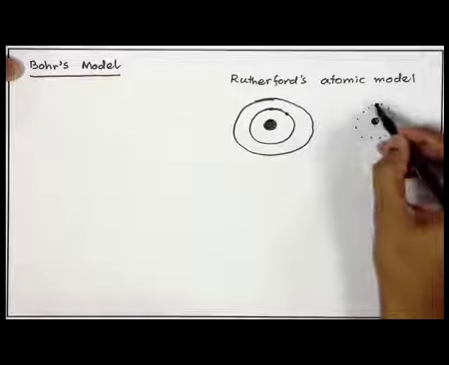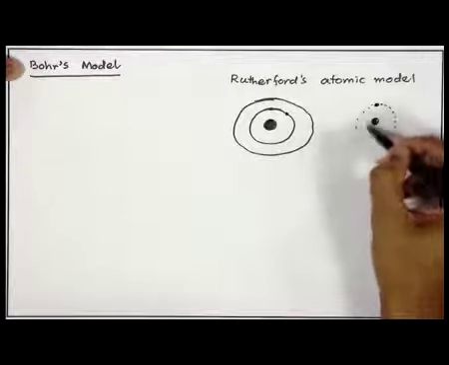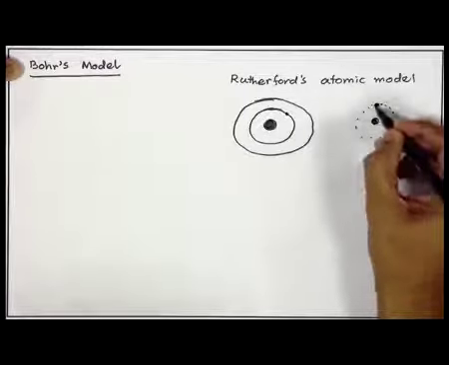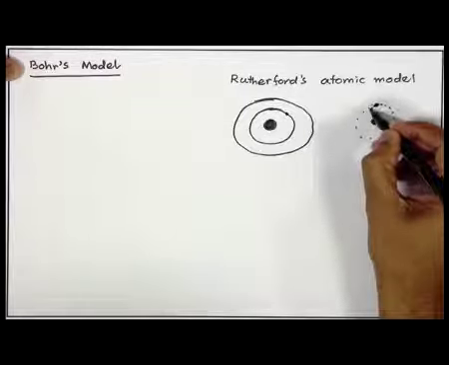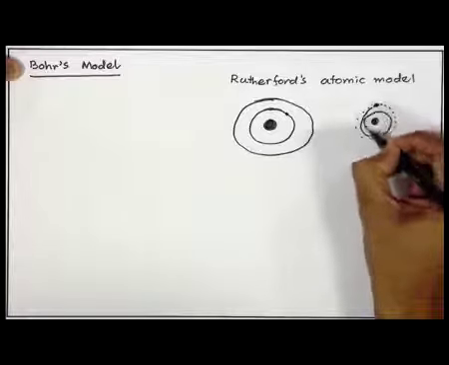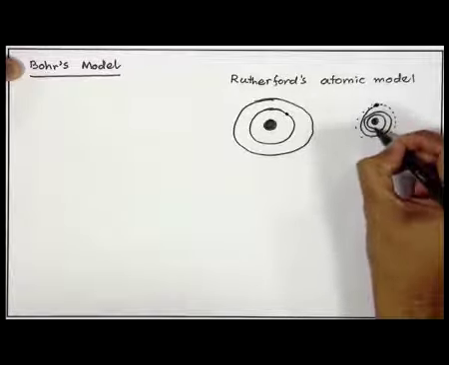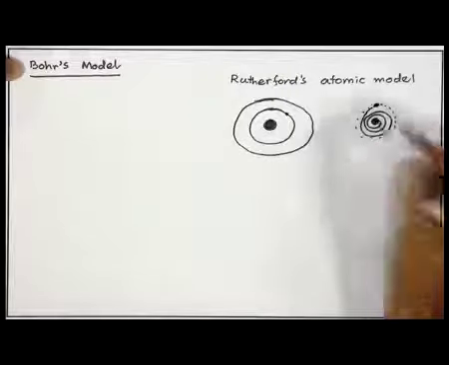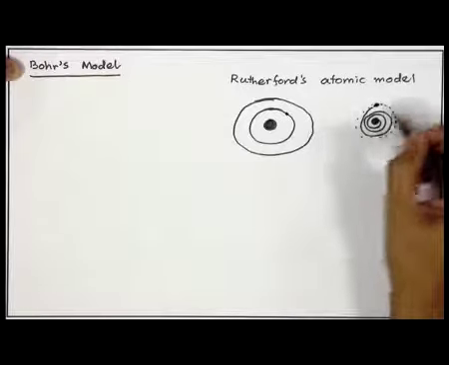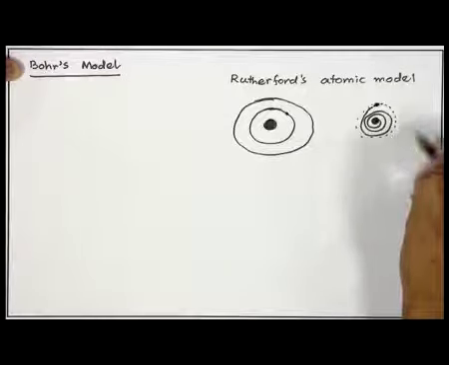So, when an accelerating charged particle goes around in a circular path around another charged particle, Maxwell's theory suggested that this particle should follow a spiral path, something like this, and in no time should collapse onto the other charge around which it was orbiting.